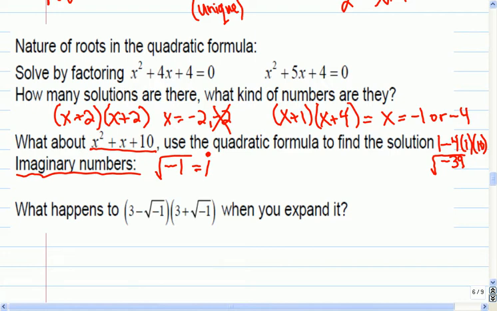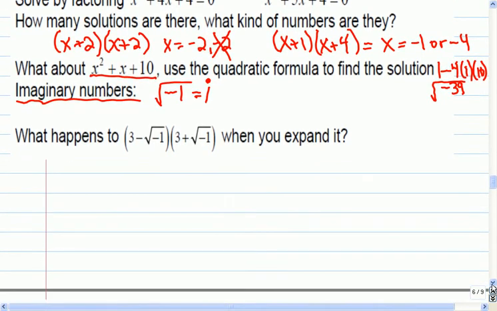Now why on earth would you want to study imaginary numbers, something that even sounds, I mean, how much do you use this math and then you've got imaginary math? Like, come on, right? But if we had an example like what we've already been working with, this is going to be 9 minus 3 root negative 1, I'm sorry, plus, then this will be minus 3 root negative 1. Multiply those 2 together, and I get minus the square root of negative 1 all squared.